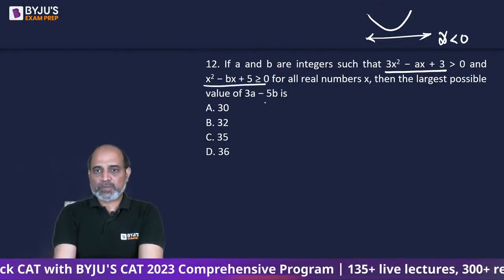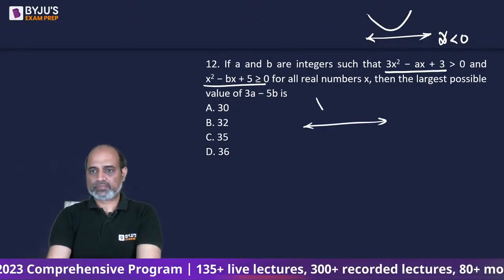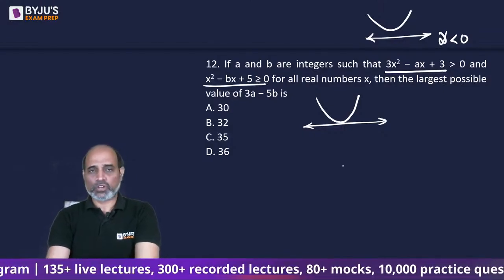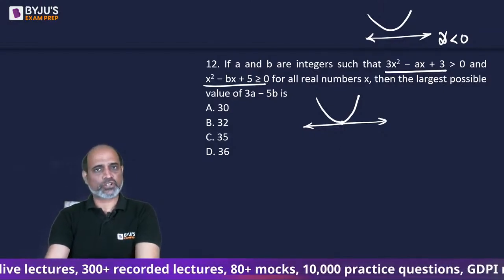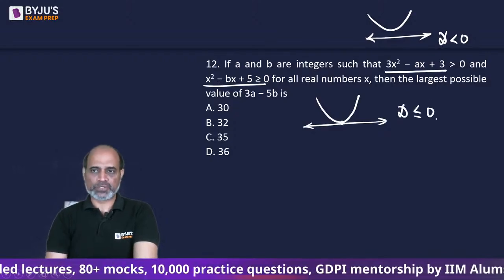If you look at the next parabola, its height is greater than or equal to 0. That means non-negative, which means it might touch or it may go above. So this is the scenario where the discriminant is less than or equal to 0.